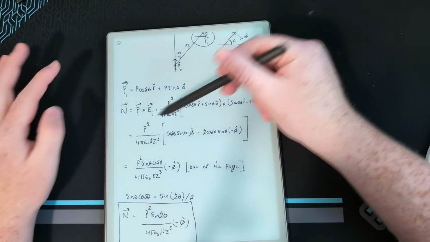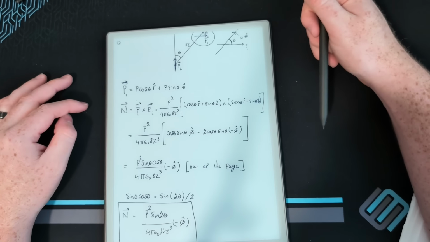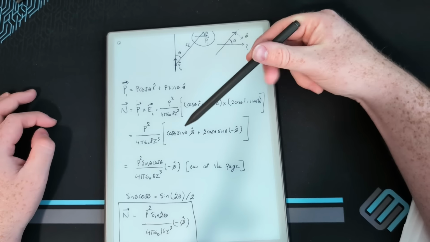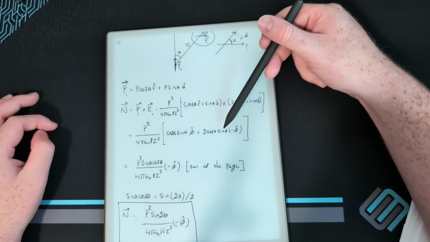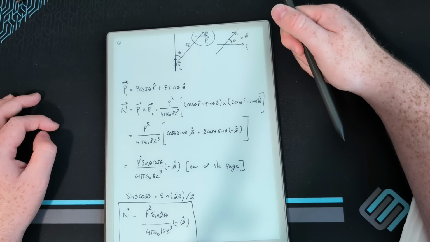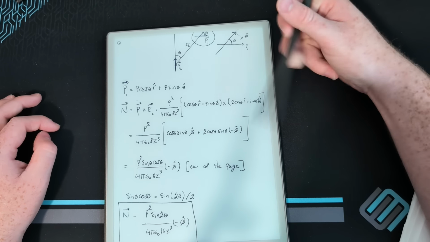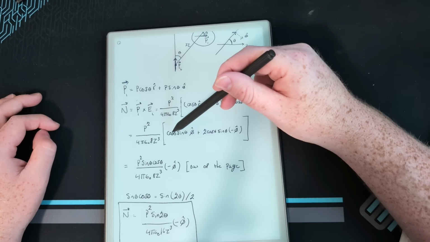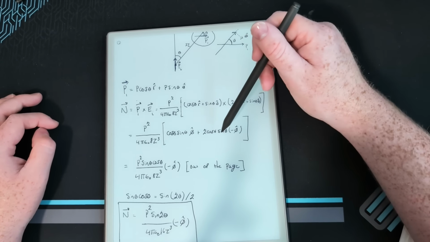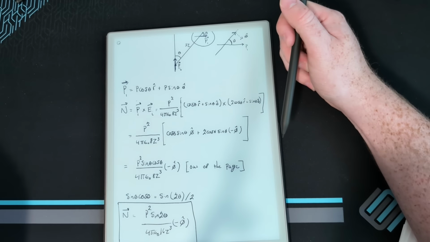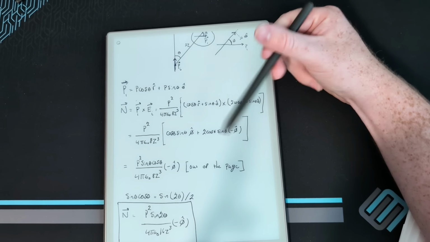So if you do those cross products, you get p squared over 4 pi epsilon naught 8z cubed, then cosine theta sine theta phi hat plus 2 cosine theta sine theta minus phi hat. So this is really just cosine theta sine theta minus 2 cosine theta sine theta, which would just be minus 1 cosine theta sine theta.